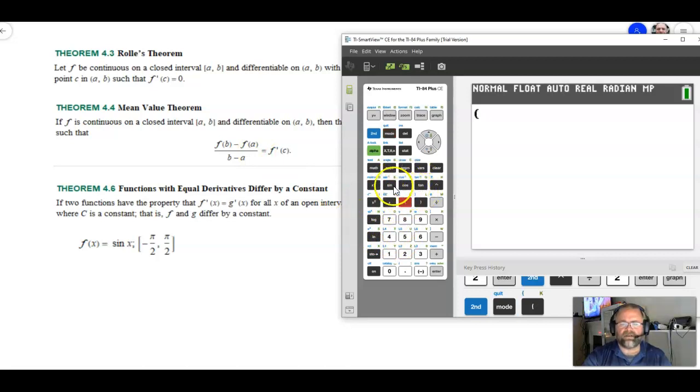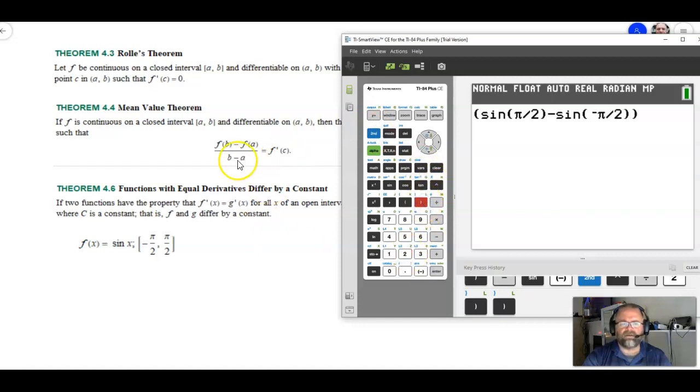So sine of pi over 2, we'll use b as pi over 2, so sine of pi over 2 minus sine of negative pi over 2.